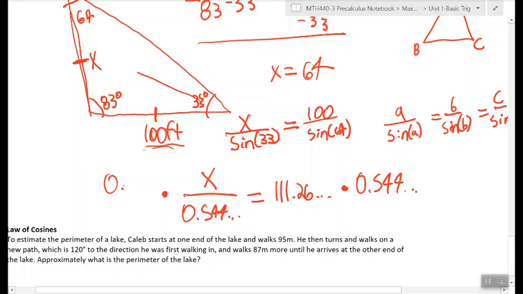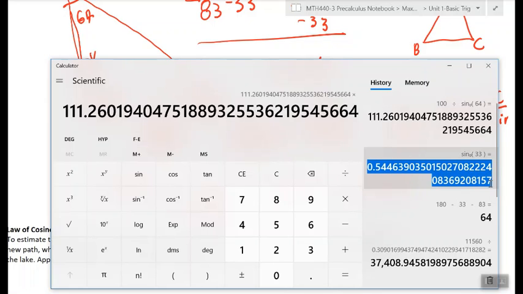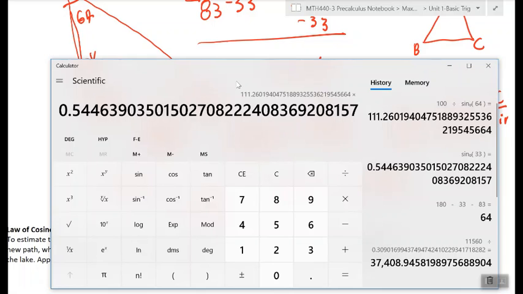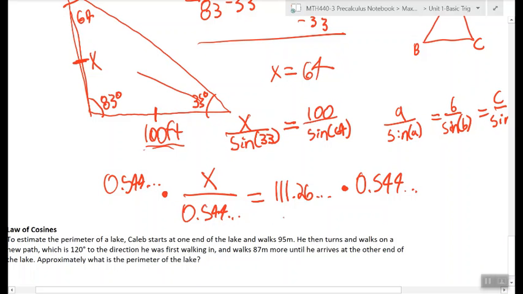Same thing over here, 0.544, and we can just multiply it by this number right here. So that is 60.60 feet. And that is the height of the tree.